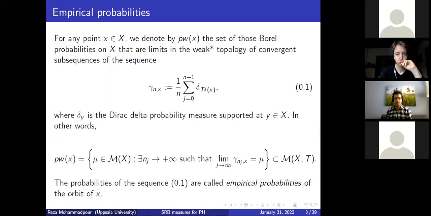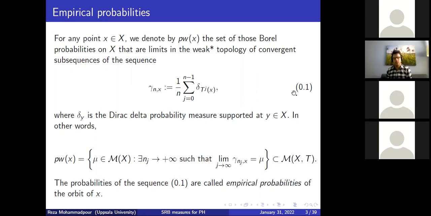In other words, P(x) is the set of measures μ for which there exists a subsequence n_j such that γ_{n_j}(x) converges to μ as j goes to infinity. It's easy to see that this set is always a subset of the T-invariant Borel probability measures. As I mentioned, γ_n is called the empirical probability. And this set is compact with respect to the weak star topology. That is why this set is always non-empty.